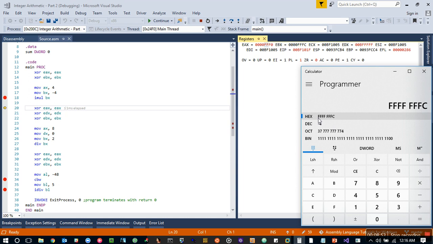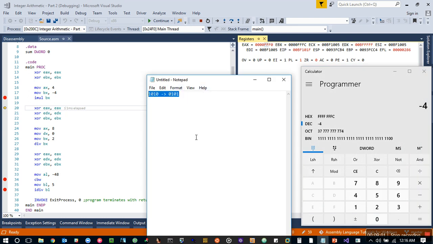So it's -4. Now if I add it with 8, in hex 8 is 8, but in binary 8 is 1000.